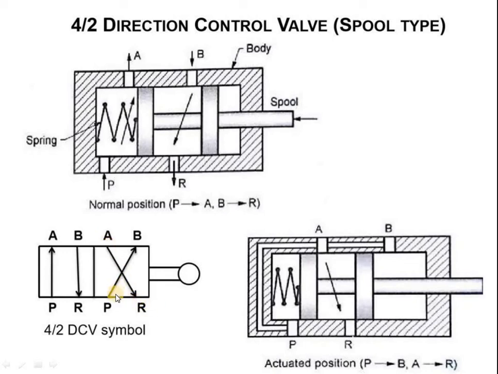Means in the next position, the high pressure air flows from the pressure port to working port B, and the low pressure air in working port A goes back to the return port. So port A is connected with the return port, and the pressure port is connected with port B. So this is the 4/2 DC valve.